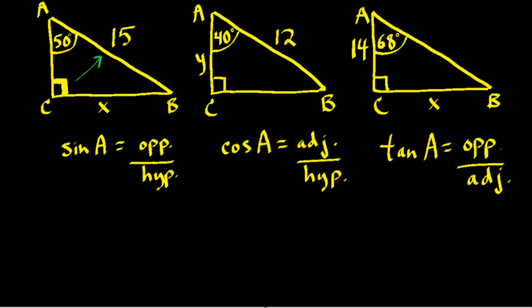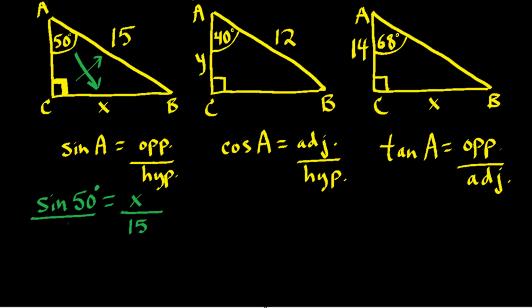And according to this angle A, this x here is an opposite side. Therefore, we will use sine of angle A to set up our trig ratio. So we will say sine of 50 degrees equals the opposite side of x divided by the hypotenuse of 15.